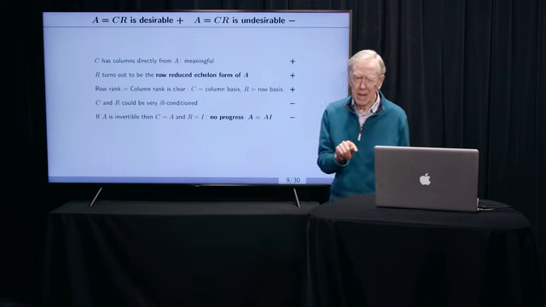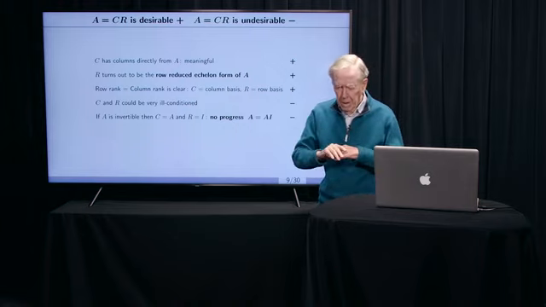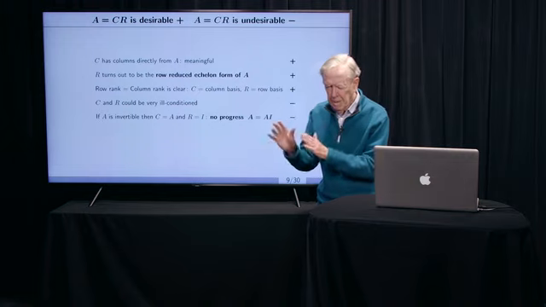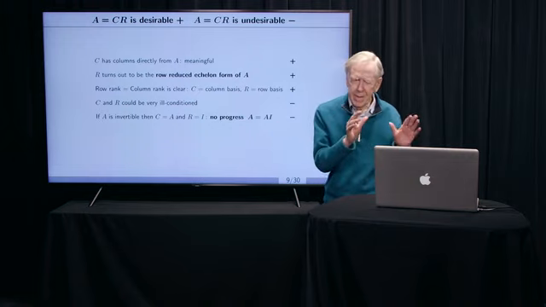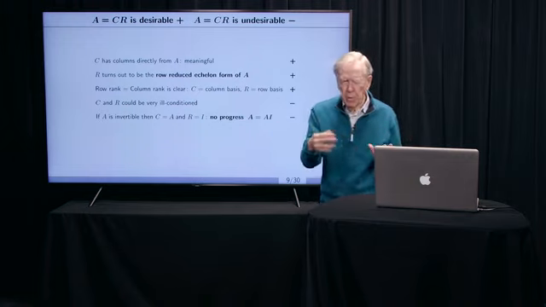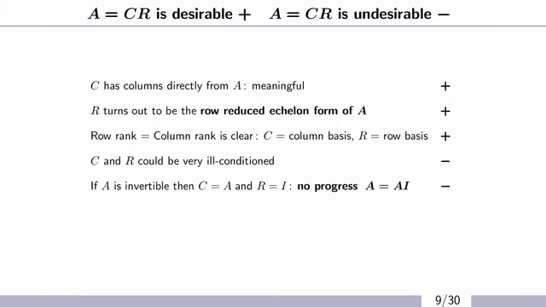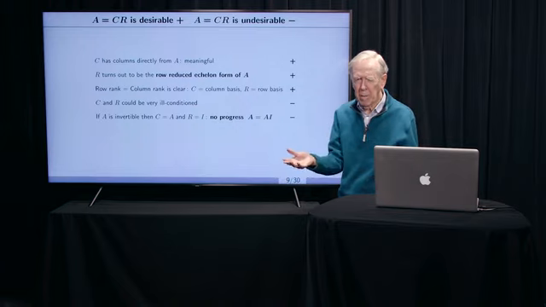The other thing I have to say is that C and R are not great for avoiding roundoff, for being good in large computations. This is a first factorization, but not the best one for big computing, right? So ill-conditioned means they're difficult to deal with. And also, we often have a matrix where all the columns are independent, and it's a square matrix.